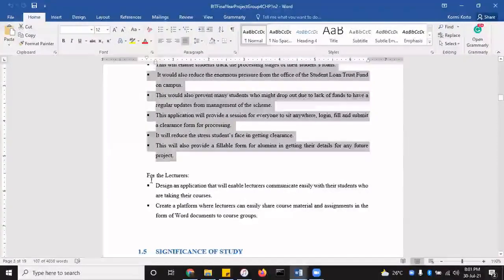Okay, so he said for the lecturers' part, design an application that would enable lecturers to communicate. How do you design an application to allow lecturers to communicate?